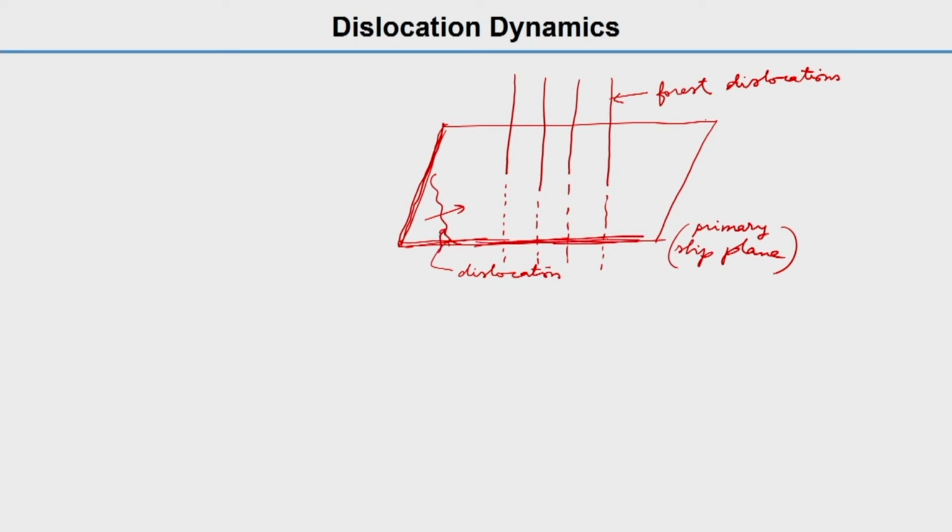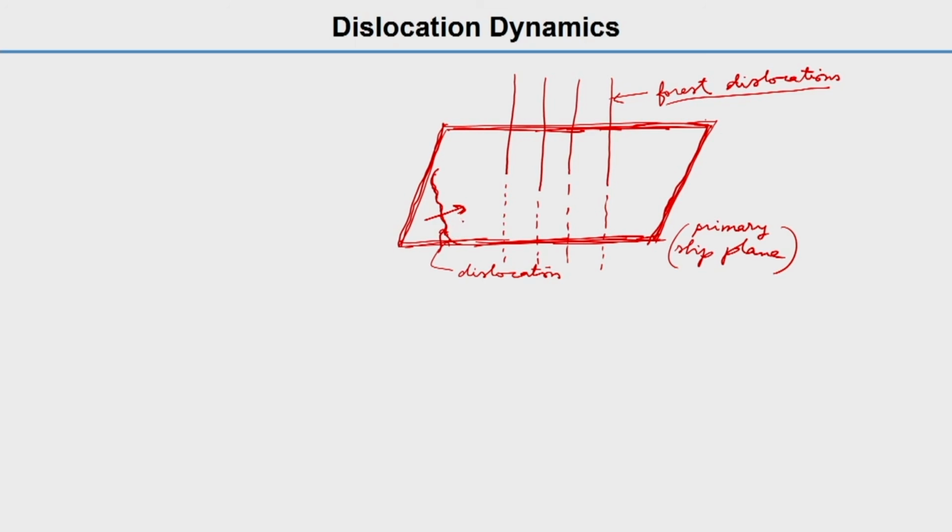You have this slip plane, and the direction the dislocation is moving is the slip direction. The forest dislocations are perpendicular to the plane of the paper, whereas these other dislocation lines, as I told you earlier, may not be straight, so it can be like a Maggi noodle.